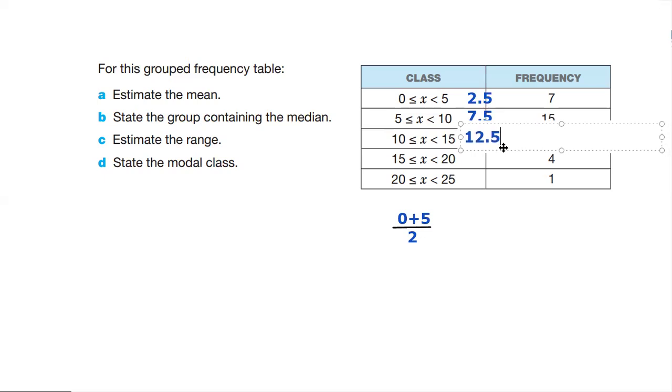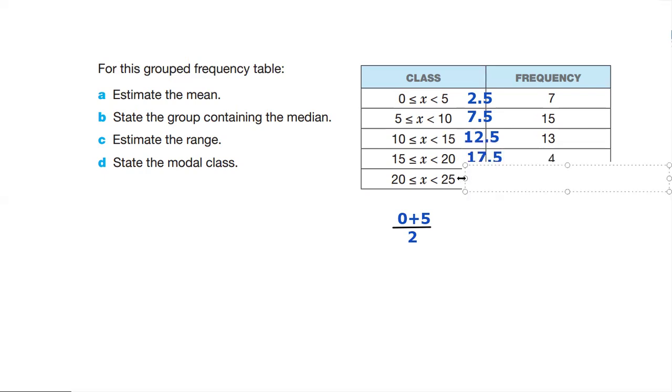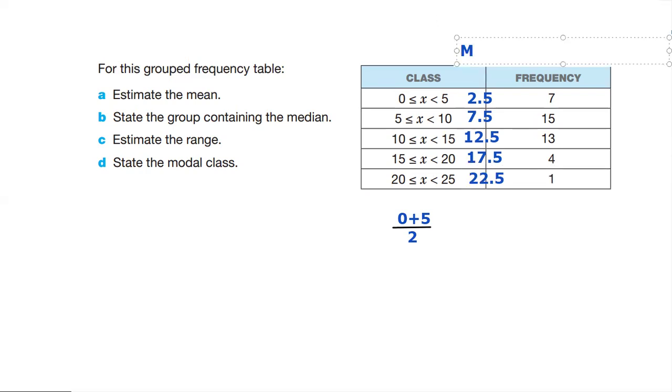As we said, first thing we do, we find the midpoints, and then we use the midpoints. 15 plus 20 is 35. Divided by 2 is 17.5. And then the last one here, which is 20 and 25. So 45 divided by 2 is 22.5. So as we said, the first thing we did, we found the midpoints, the MPs.